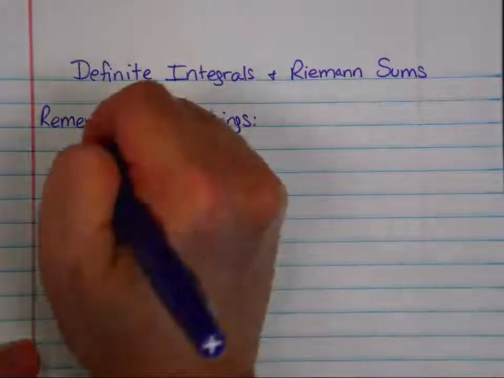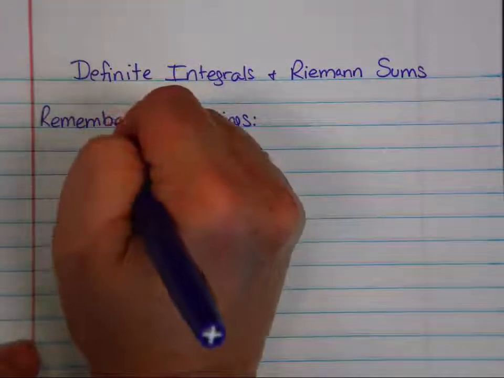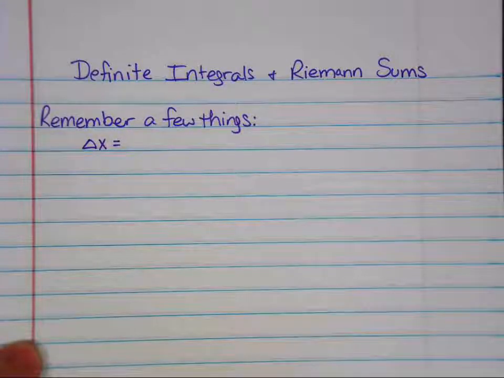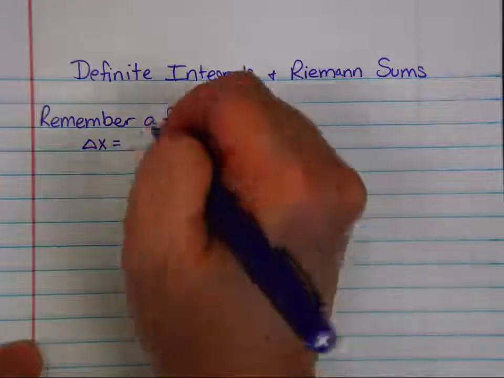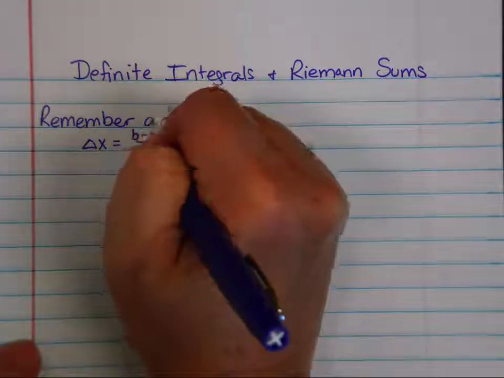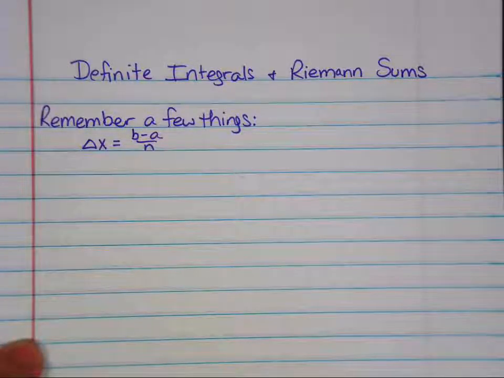Okay, the first thing we're going to remember is from the Riemann sums page. How do we calculate delta x? This was on the second video of Riemann sums that you watched. Do you happen to remember what the formula was? It has a's and b's in it. Do you remember? It is (b minus a) over n, exactly.